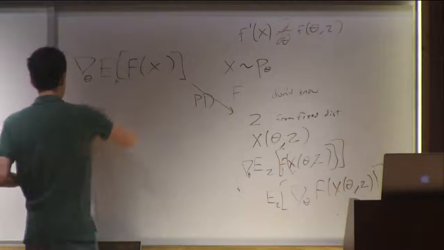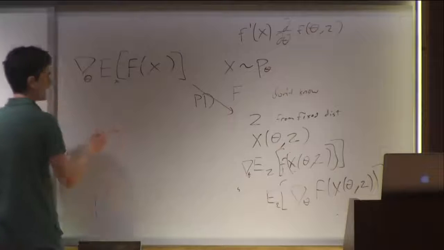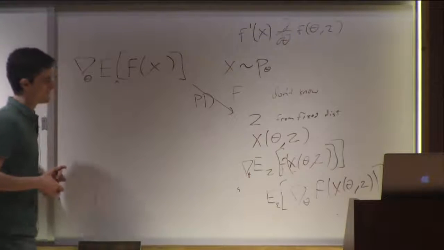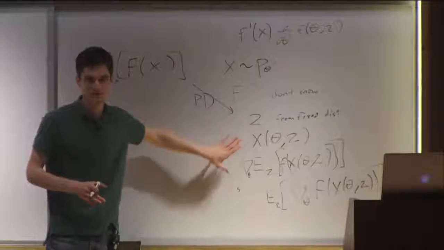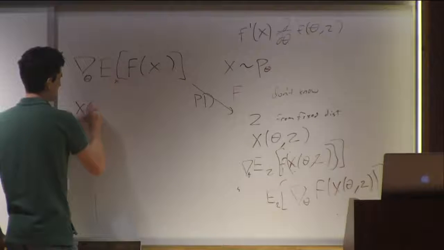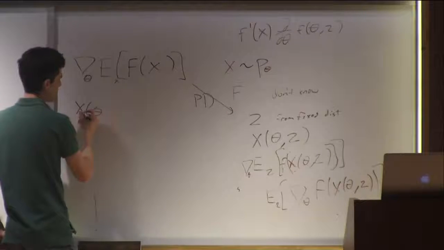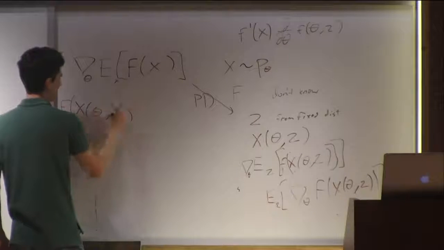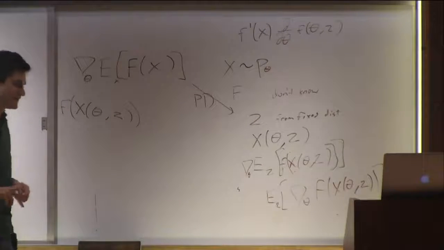So the finite difference estimator, the way that would look is, again, we're going to use the same reparameterization we used for the pathwise derivative. So we're going to say we have a deterministic function, x of theta z, and we're taking some loss. We're applying our loss to that value.